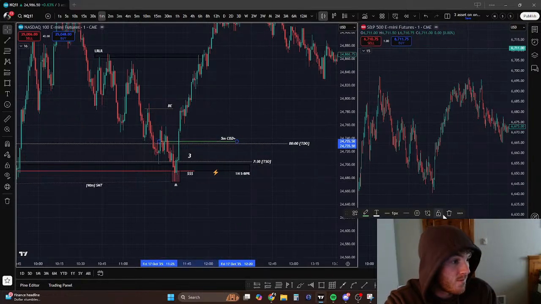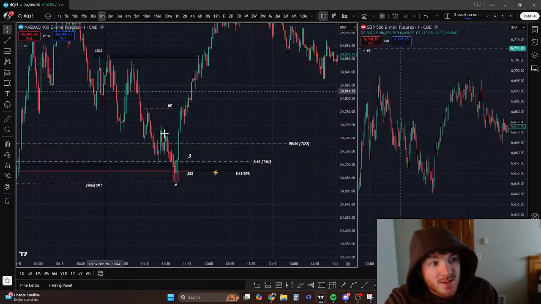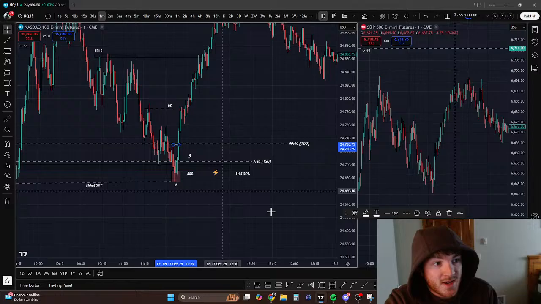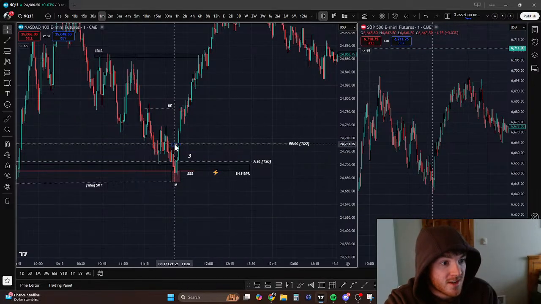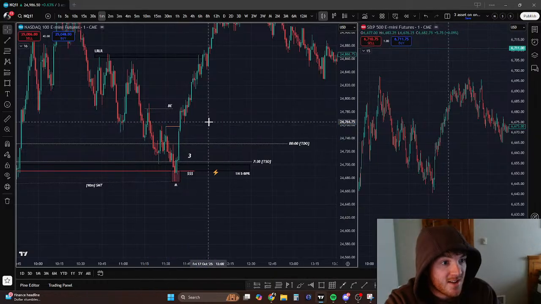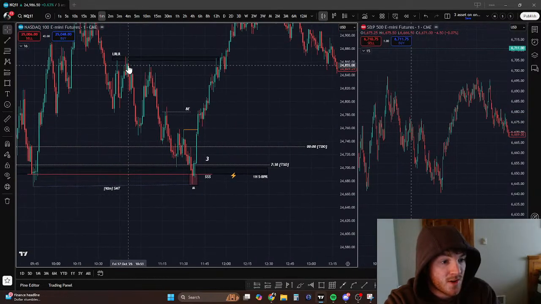You can mark it out like this. It doesn't really matter how you mark it. Actually, so you can see it a little better, I'll mark it out like this, right? So we break this high. Okay, you starting to see what I'm getting at? We are below the other true open as well.